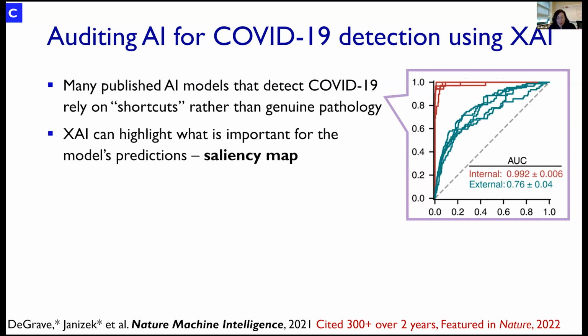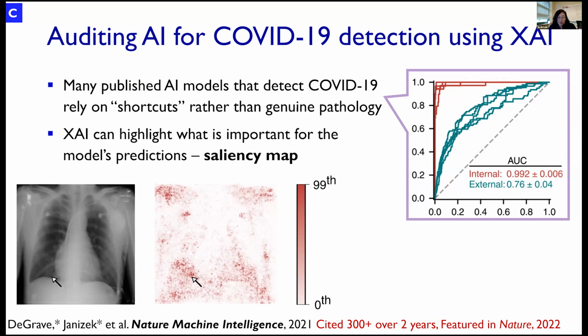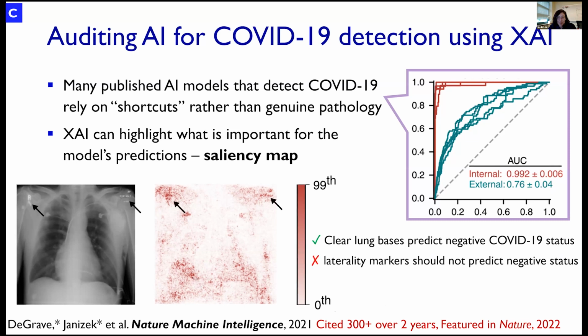To understand why these models fail to generalize, we took a look at the saliency map, which is the most popular form of explainable AI. It basically tells you which parts of the image were important to your AI prediction model. So for example, in this image, which turned out to be COVID negative, it's right that the model used a clear lung field as the basis for that decision, but it is not right that the model used the laterality marks.